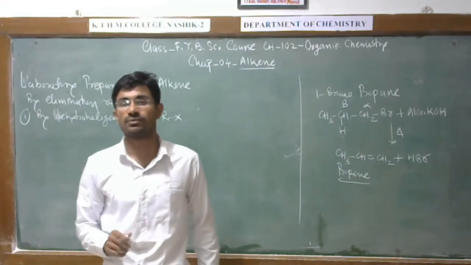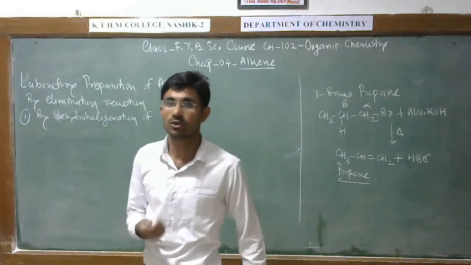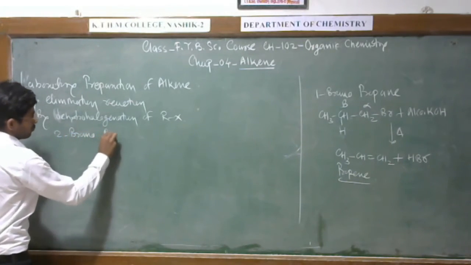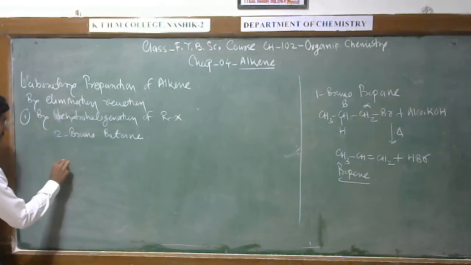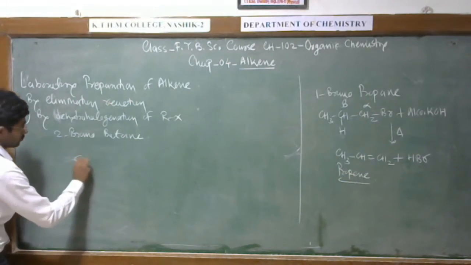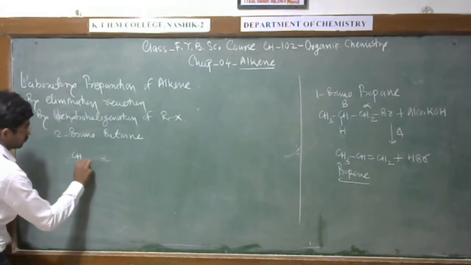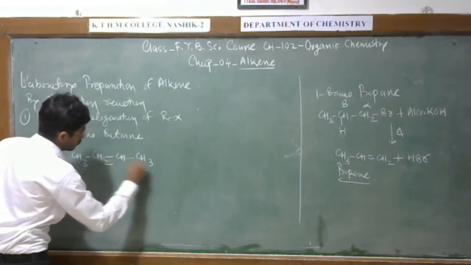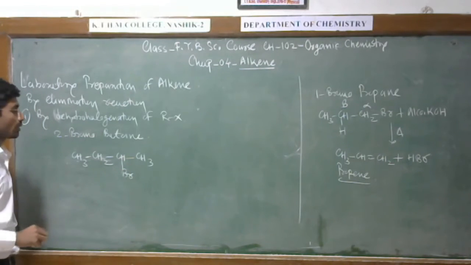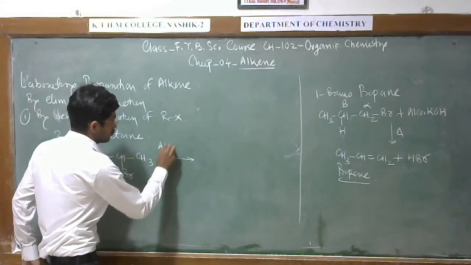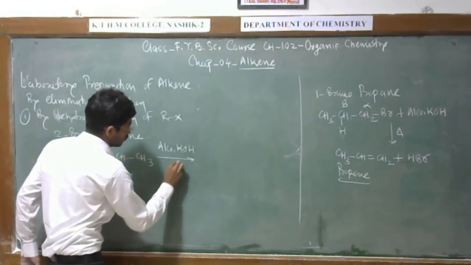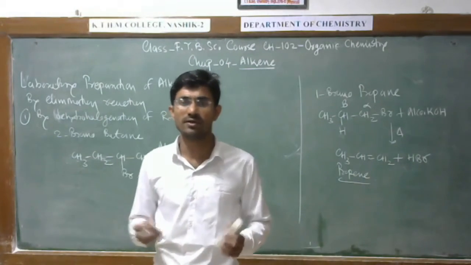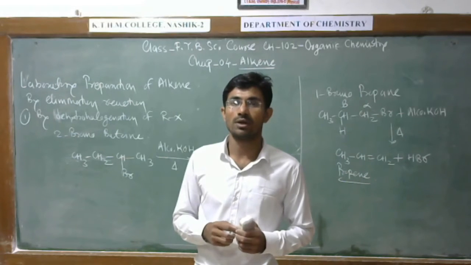Next example we consider is 2-bromobutane. 2-bromobutane, when heated with alcoholic KOH solution, undergoes elimination reaction.